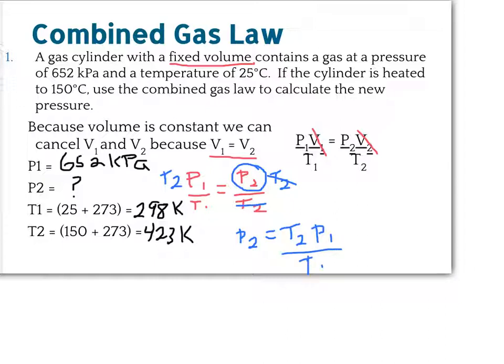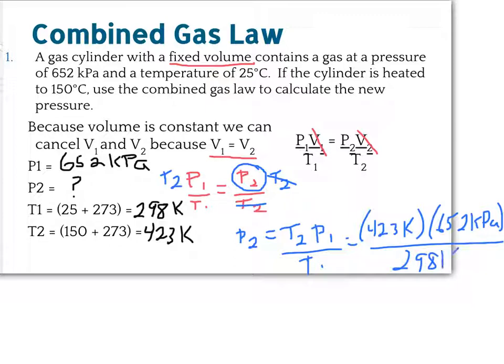Now I can sub in all of my numbers, so I have T2 is 423 Kelvin. I have P1 is 652 kPa, and then that is going to be over my initial temperature, which is 298 Kelvin.